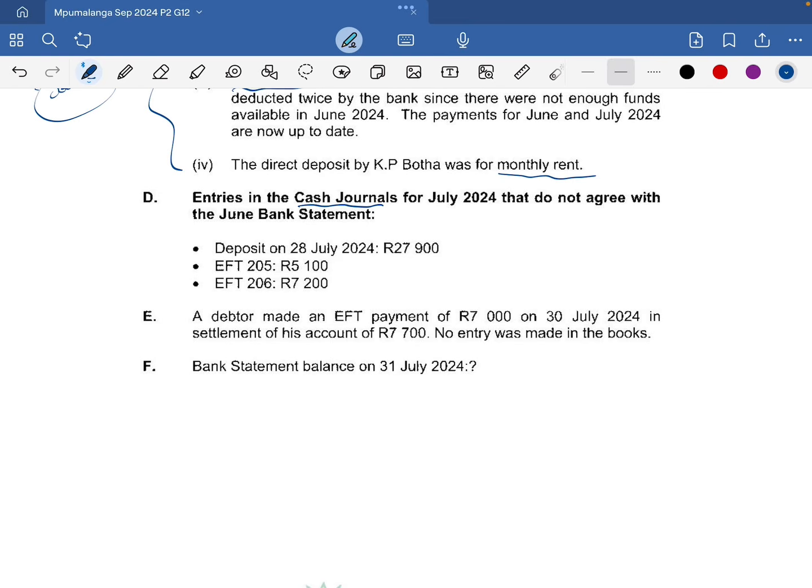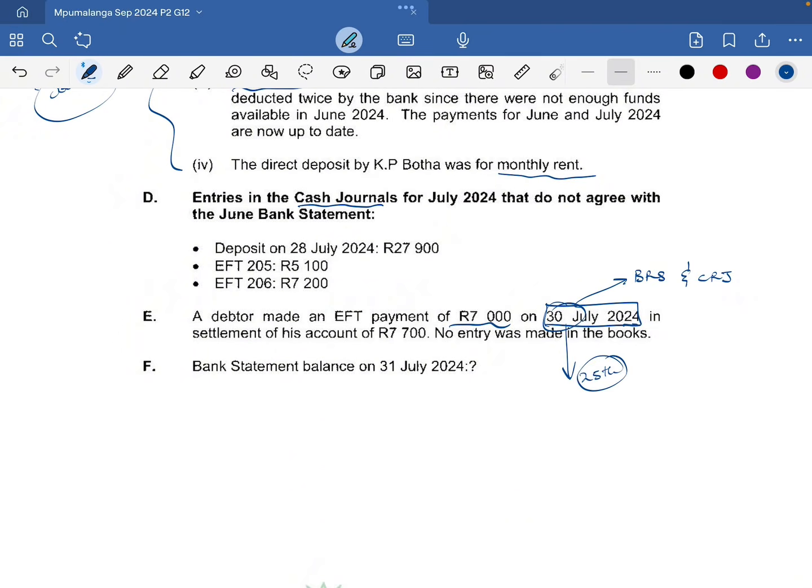Okay, so a debtor now made an EFT payment of 7,000. Right, we know 7,000 was received on the 30th of July also. Now this affects both the BRS and the CRJ because we received it on the 30th of July, so it wouldn't be on the bank statement, because we only received the bank statement up until the 25th.